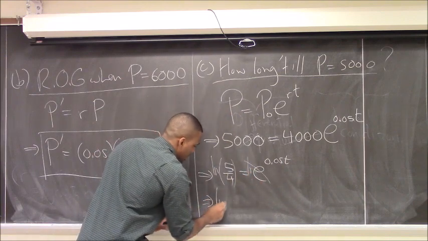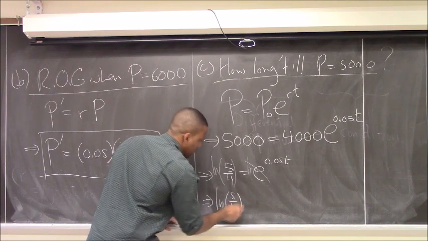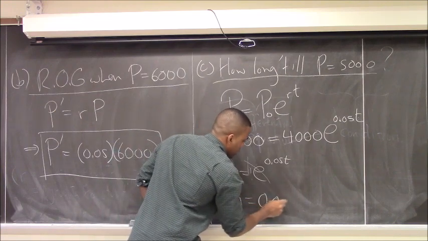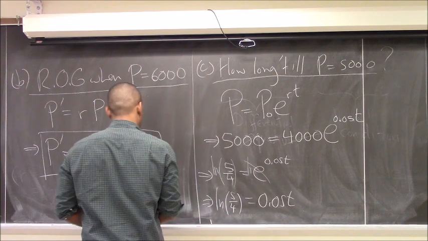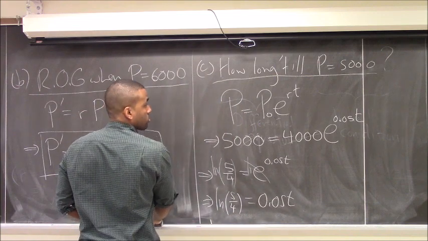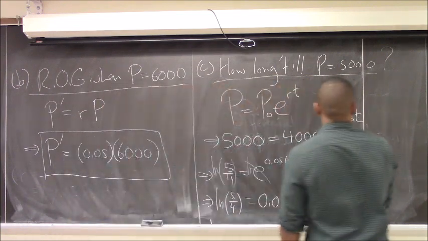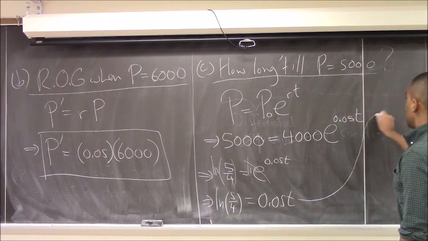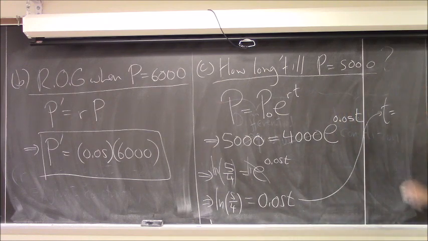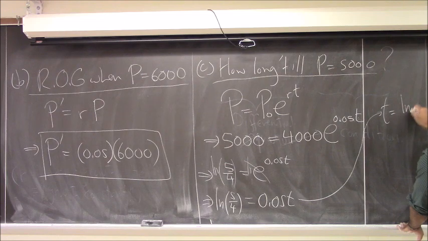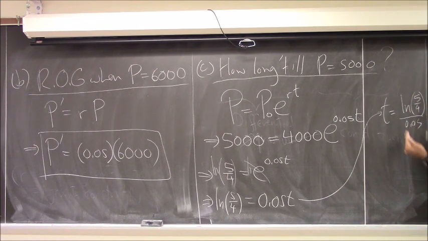So ln of 5 over 4 equals 0.05 t, which means t is equal to ln of 5 over 4 divided by 0.05. You can't mess with these numbers. This one is inside an ln, that one isn't. So that's your answer.